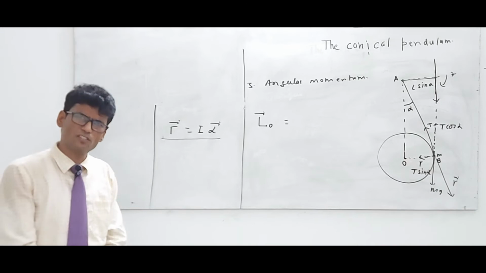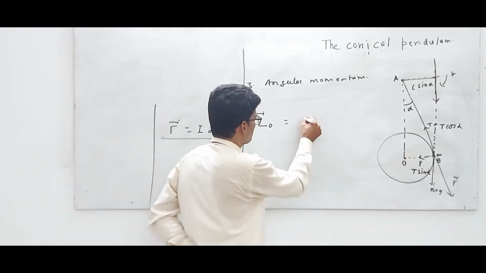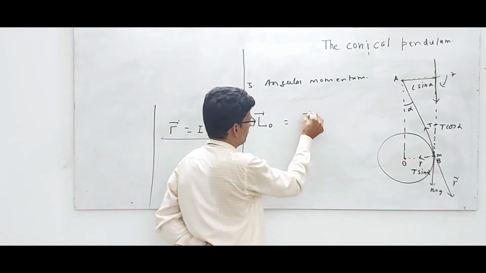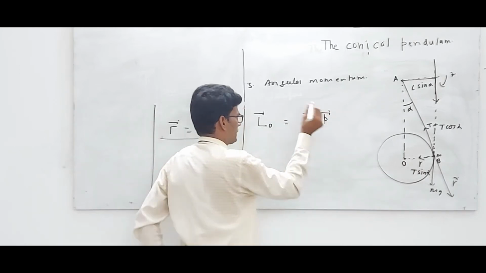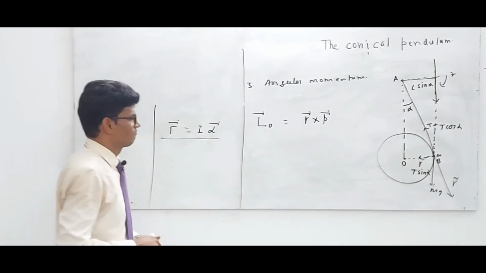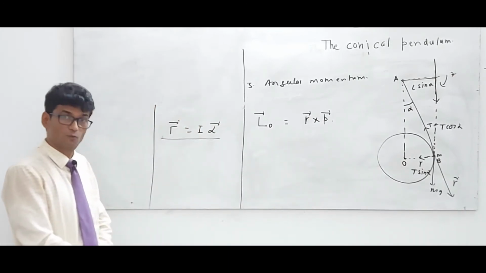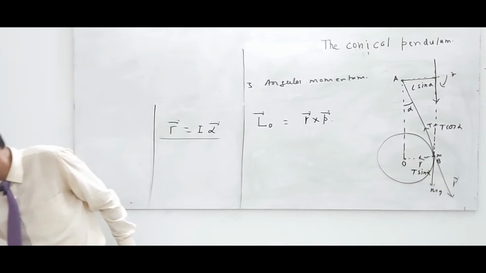What is the basic definition of the angular momentum? R cross P. R cross P. What is P? That is the matter of interest here.